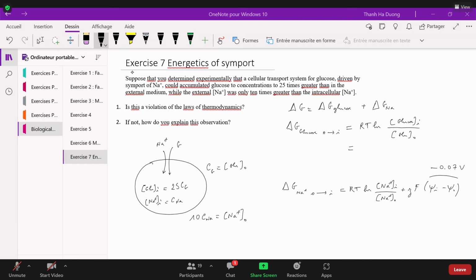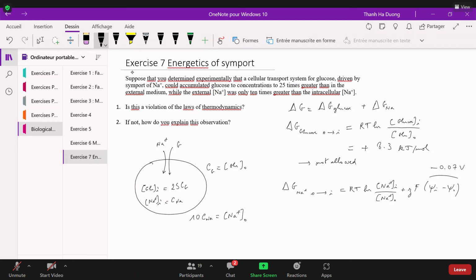Alors, delta G for glucose, you find, yes, so it's correct. You find plus 8.3 kilojoule per mole. So it means that the transport of the glucose is not allowed. It occurs only alone. Okay.